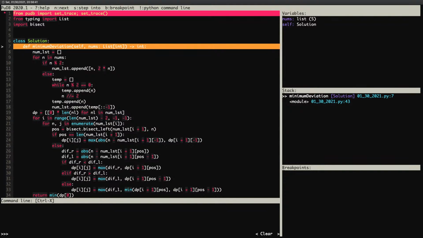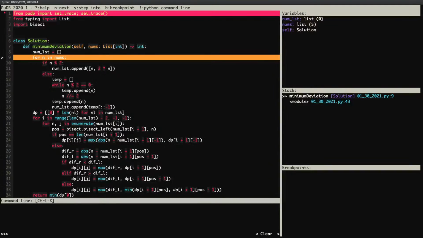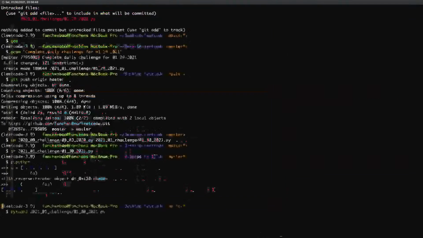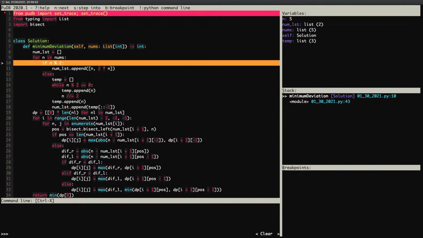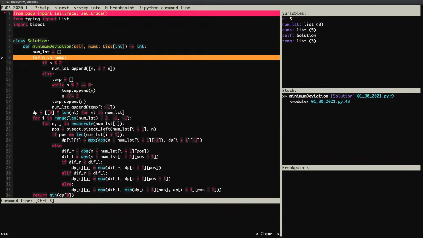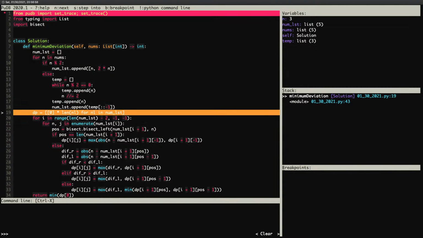Enter. Let's see. This is our num list. Actually, let me see this num. Find num. Temp. It doesn't matter.